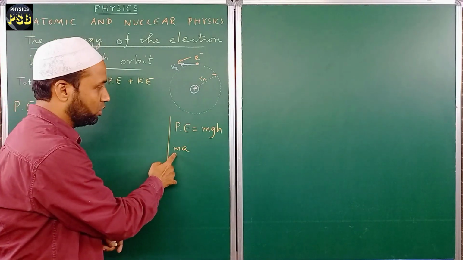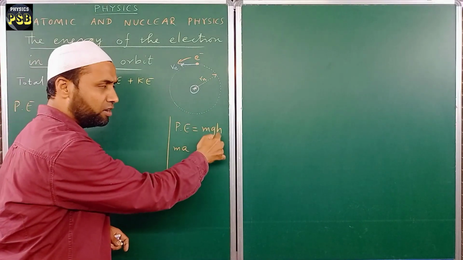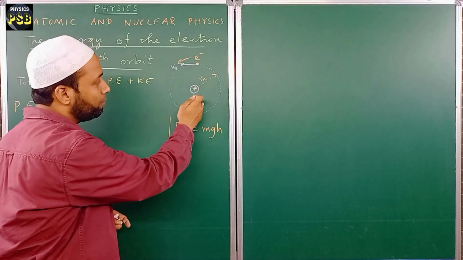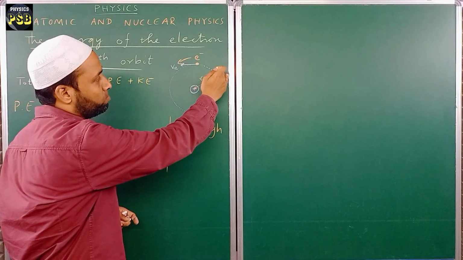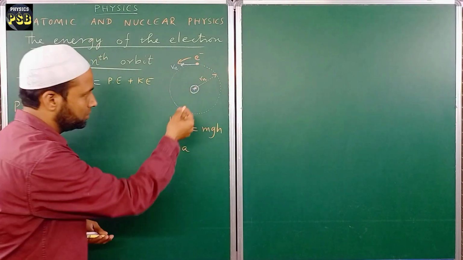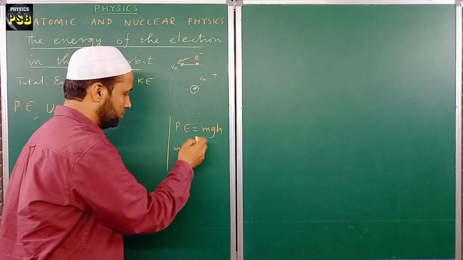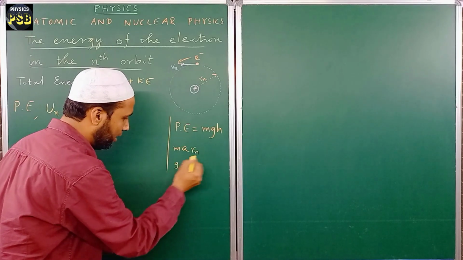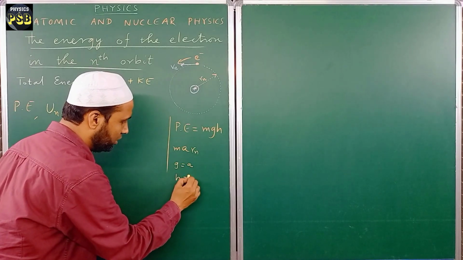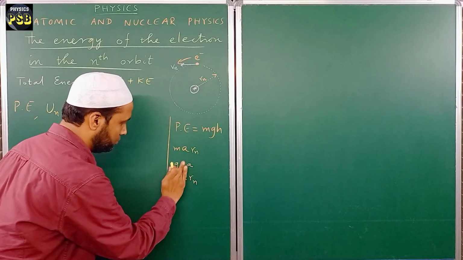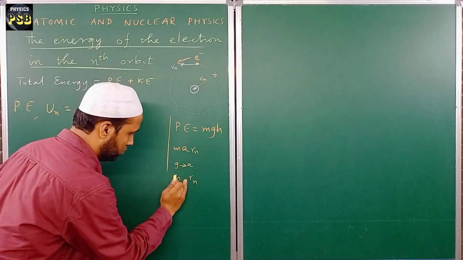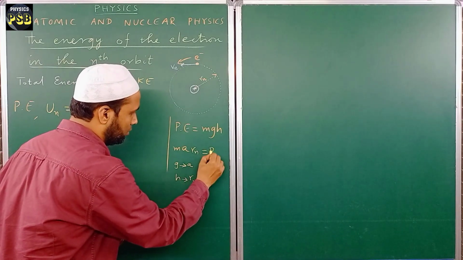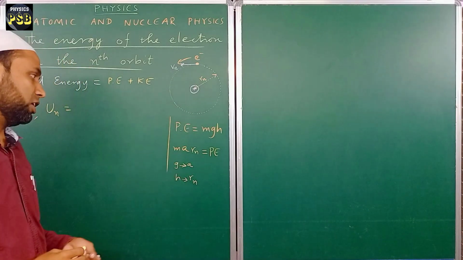Here m is the mass of the electron and h is height, whereas in our case, in the place of h I take the distance between the orbit and the nucleus, which is nothing but Rn. So here g is replaced with a and h is replaced with Rn. If we do so, we obtain this equation, which represents the potential energy.